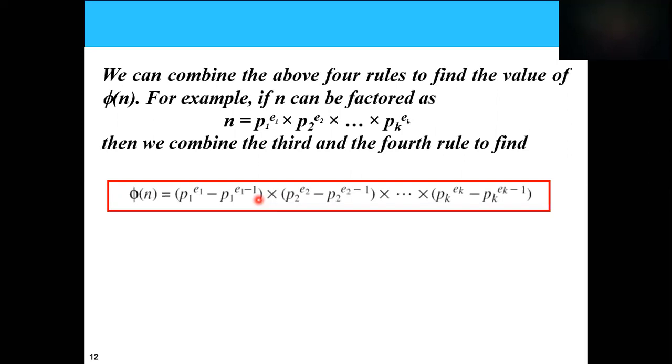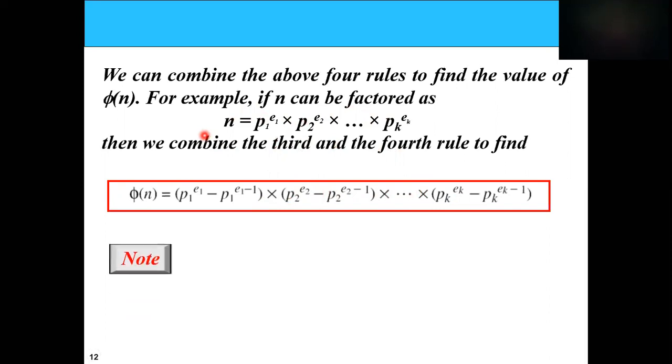We have basically combined the third and fourth cases. We individually apply this and multiply the product. This is a more general case as compared to the last four cases.